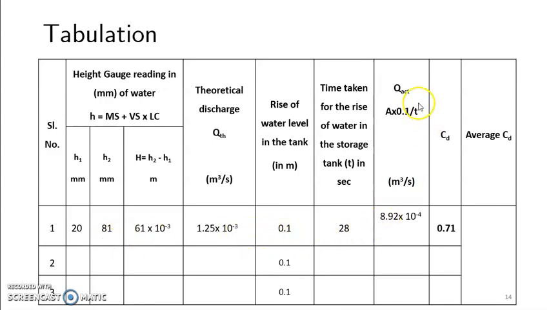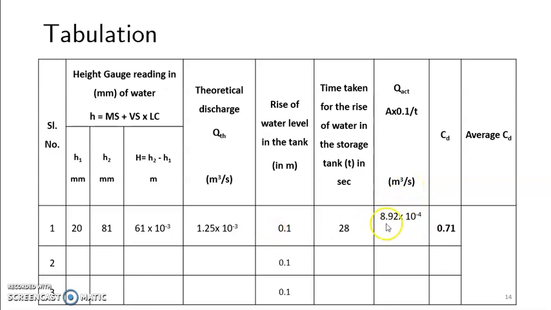From that you can calculate Q actual, that is A into H divided by T, where H is the rise of water, 10 centimeter, which is equal to 0.1 meter, and it works out to be 8.92 into 10 to the power minus 4 meter cube per second.